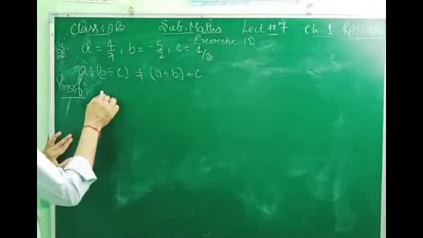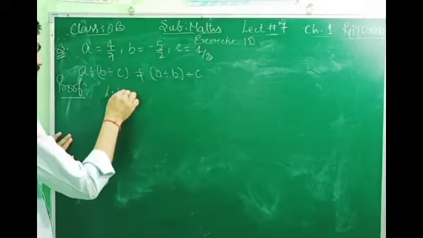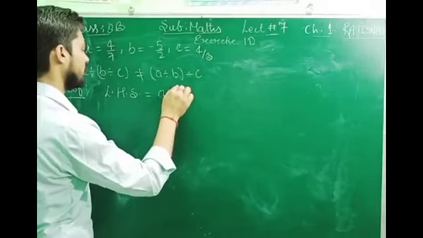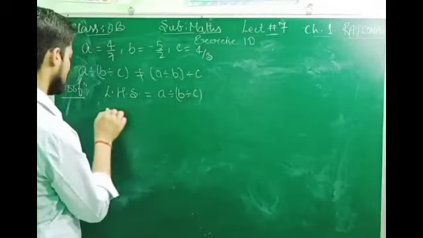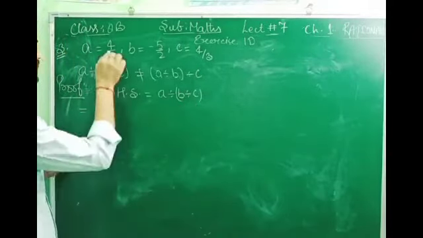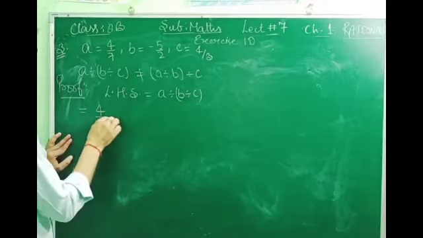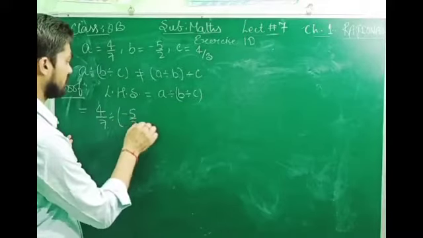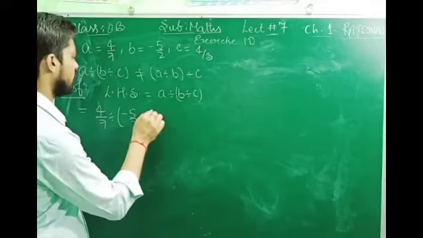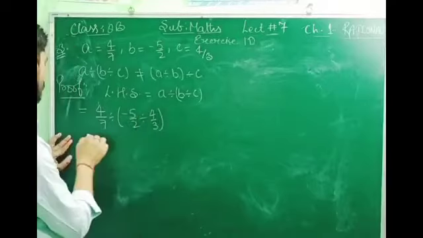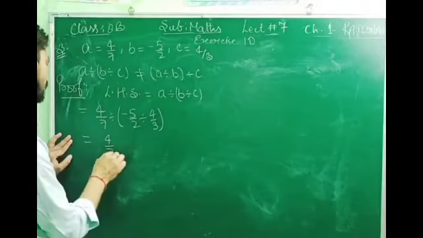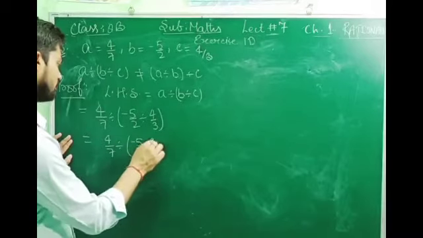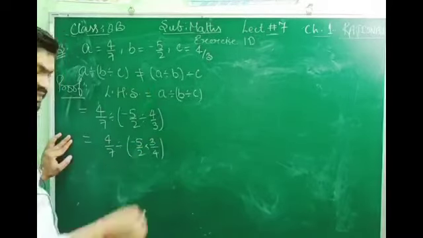Proof. See, LHS: A divided by B divided by C. You can start from here. A means 4 by 7, B is minus 5 by 2, C is 4 by 3. That you can write as reciprocal.